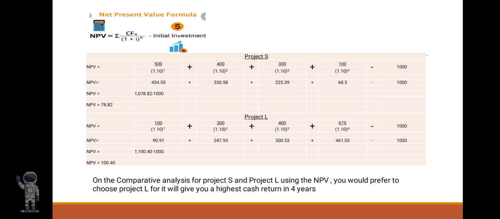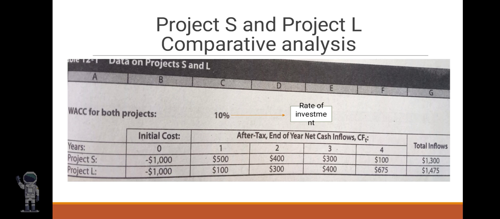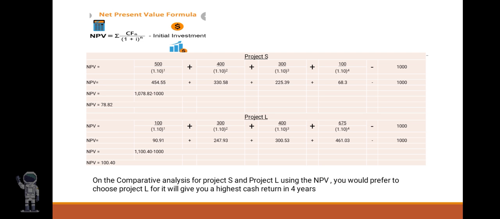So the total present value for project S is 1,078.82. Less the investment of 1,000, the total is 78.82.